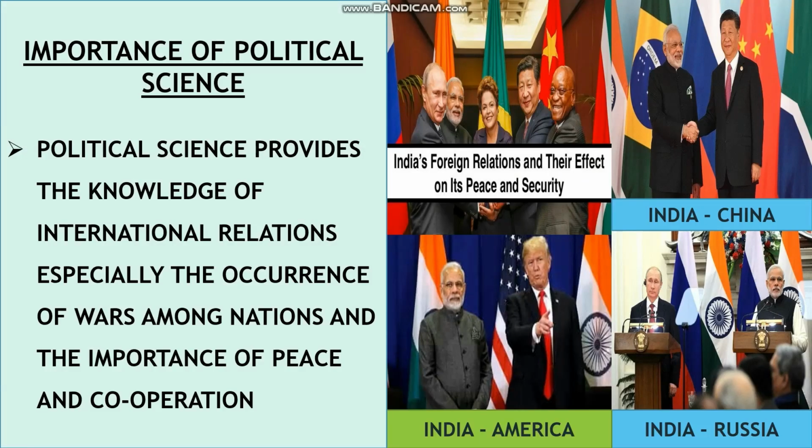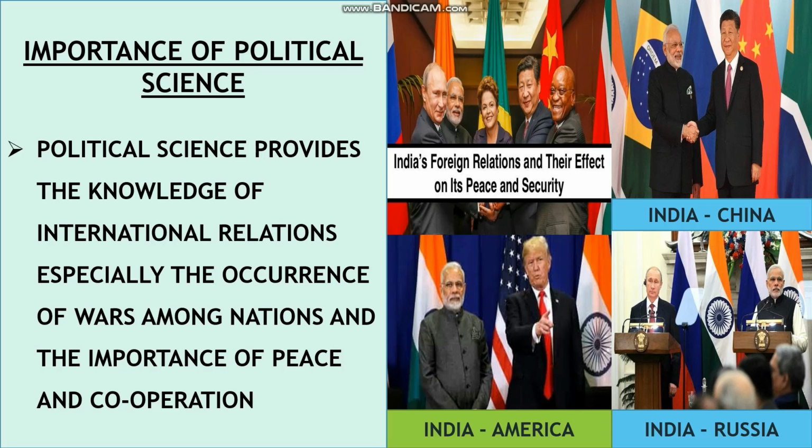Next, the last point is that political science provides the knowledge of international relations, especially the occurrence of wars among the nations and the importance of peace and cooperation. So political science gives us knowledge about international relationships, especially to avoid wars among the nations, to make peaceful existence among the nations and cooperation between the nations.